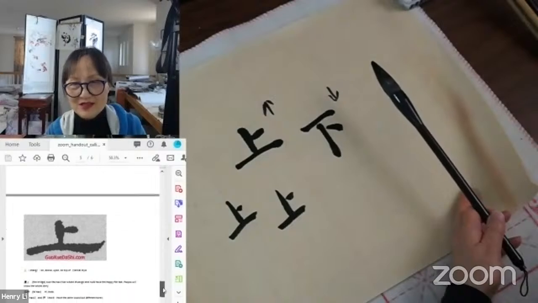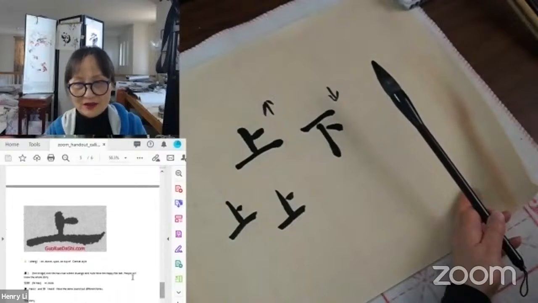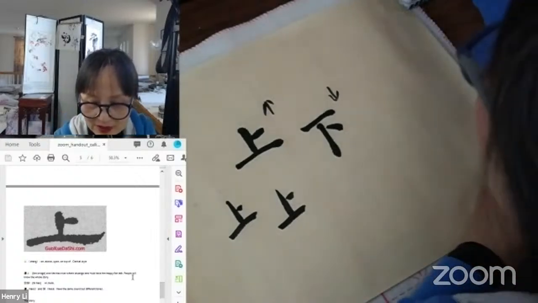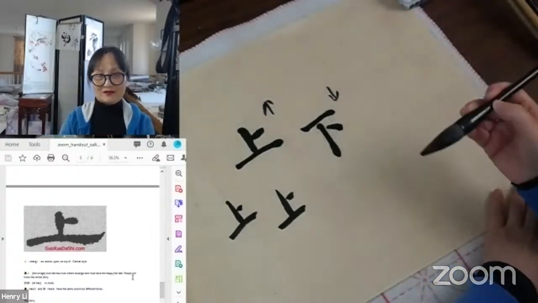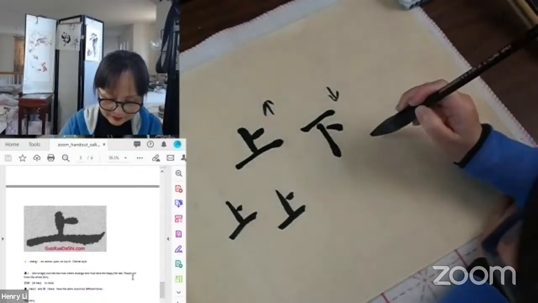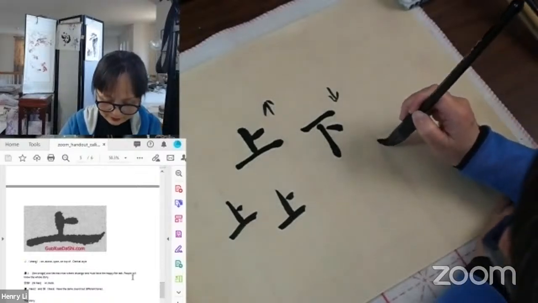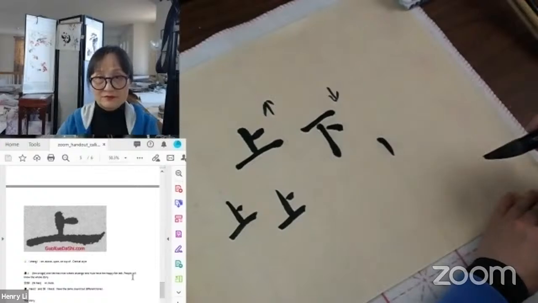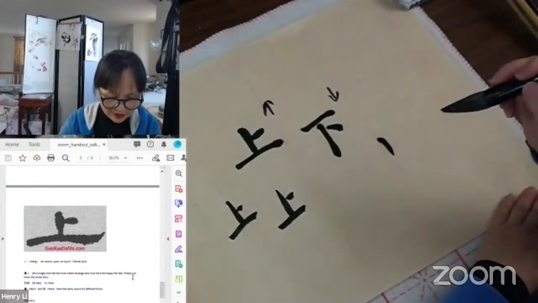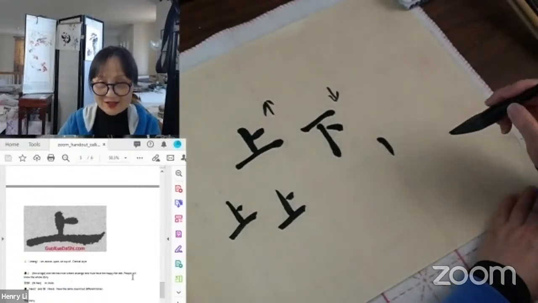And this is, I chose the clerical style. Easy to do, right? Actually, I'm thinking about the other one, the standard style.